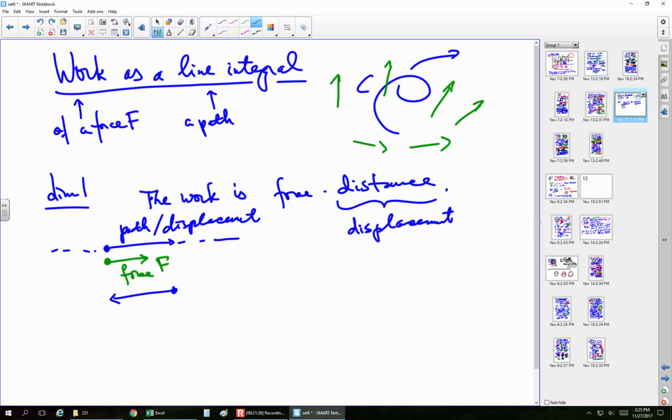So, force times displacement. If everything is constant, this is what we're looking at. It's the same force. Why it makes sense is that, in addition, displacement and force have directions, and we are taking care of that.